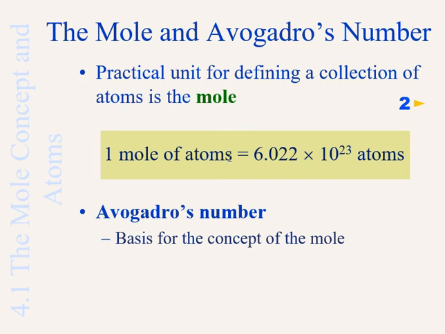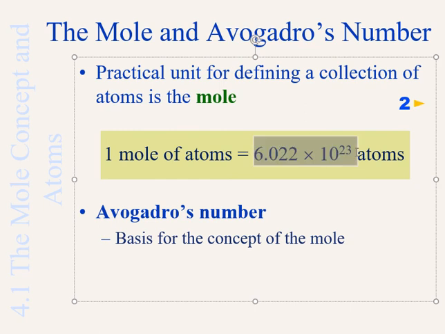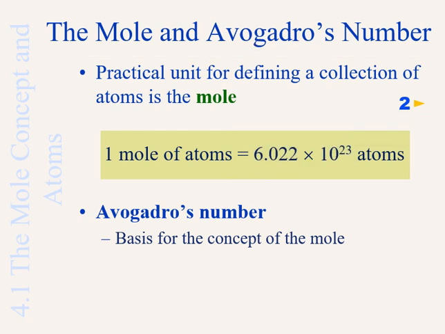Now this number, 1 mole equals 6.022 times 10 to the 23. This number is known as Avogadro's number. It's named after the Italian scientist Amadeo Avogadro, who discovered this number in his scientific research. That's why it's named after him, Avogadro's number.